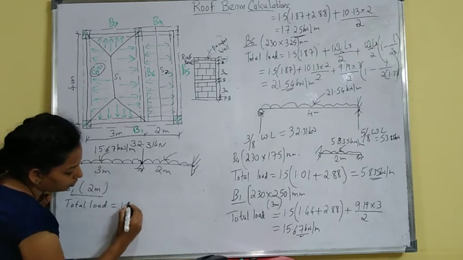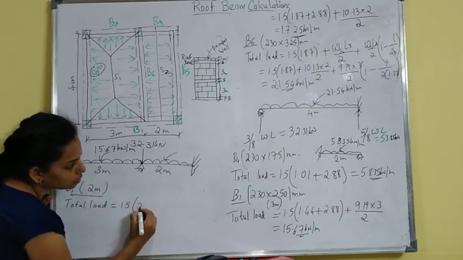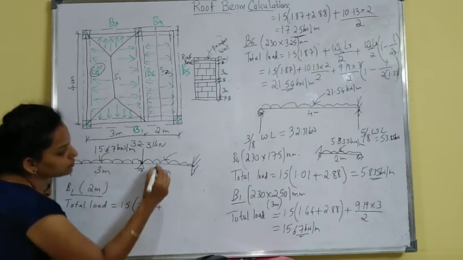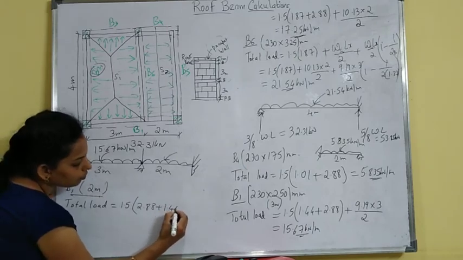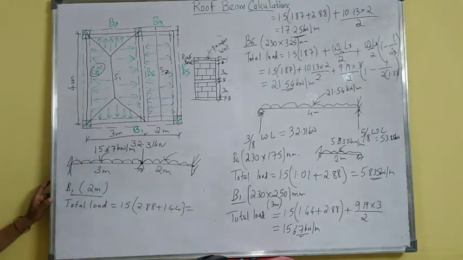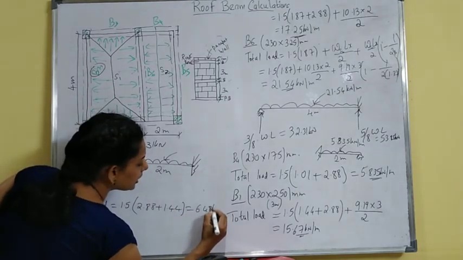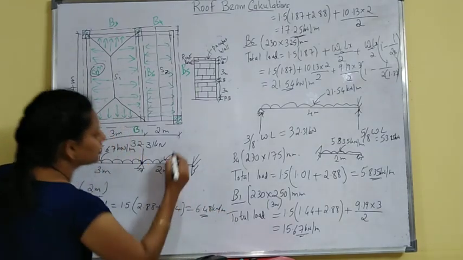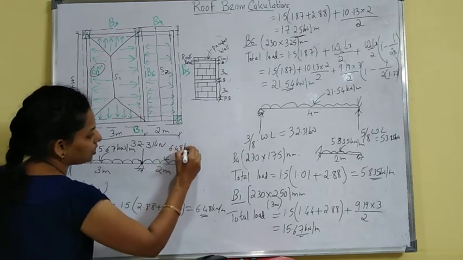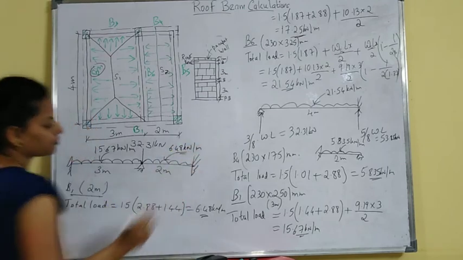Parapet wall load is 2.88 and self-weight of this beam is 1.44. Only so much you have to consider. The value will be 6.48 kilonewton per meter.